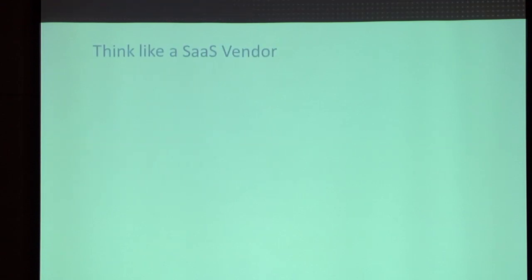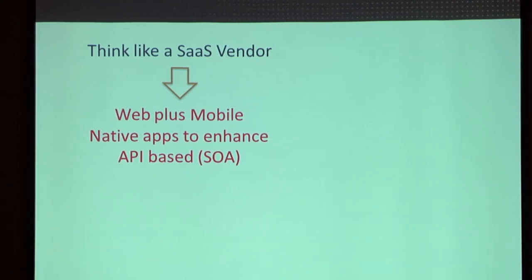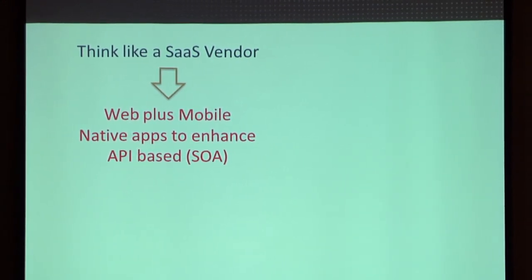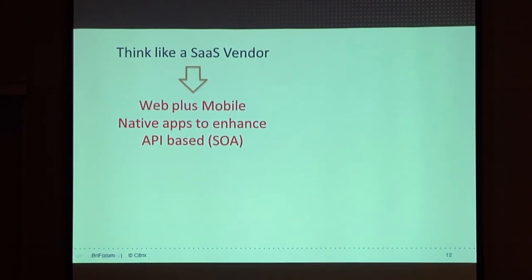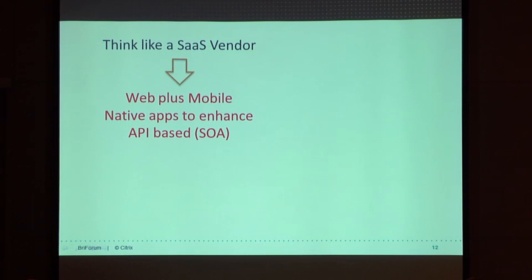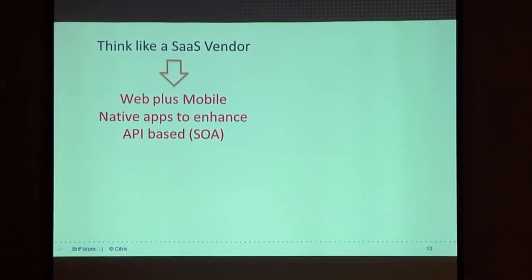So for a SaaS vendor, again, the story looks very similar. Every SaaS application is almost automatically a website, at least a web application, and normally it's de facto to have a mobile application. If you don't have it at the very beginning, you should be developing one straight away. And all of these guys, Salesforce, Google, Microsoft with Office 365, lots of other folks, they're starting from an API basis.